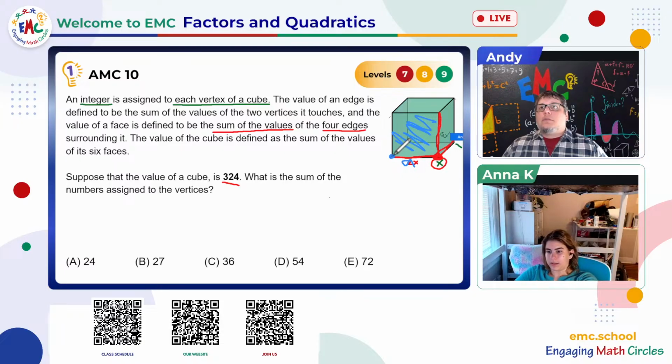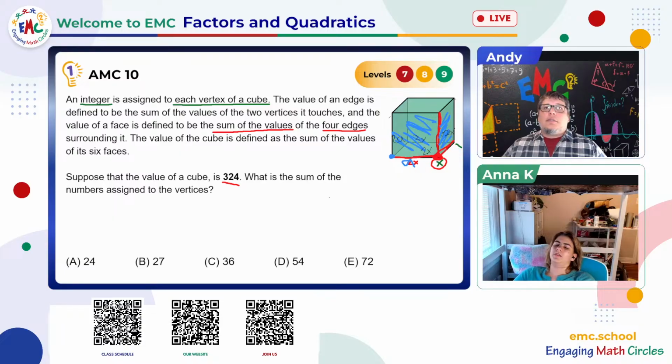So if we have ax and ax, there would be only two x's for that face. What about for this face? Also two x's and also two x's.